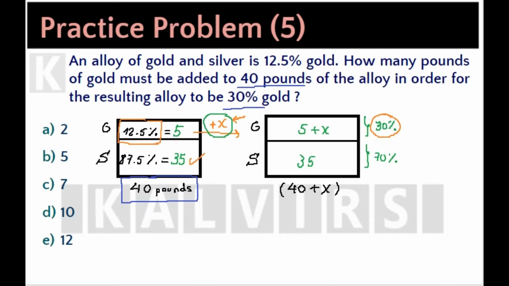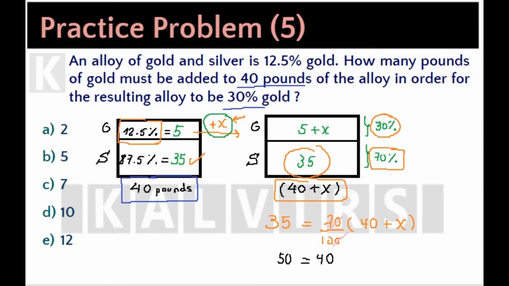Since the amount of silver hasn't increased or decreased, the amount of silver represents 70% in the new mixture. Therefore, 35 pounds of silver equals 70% of 40 plus X. Finally, solve for X. X equals 10. Choice D is correct.